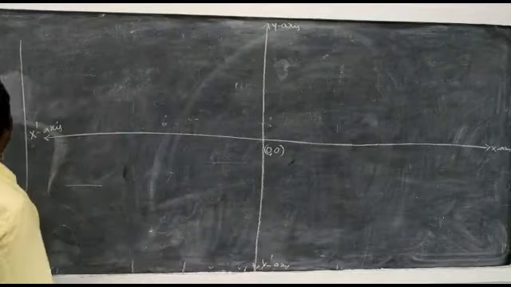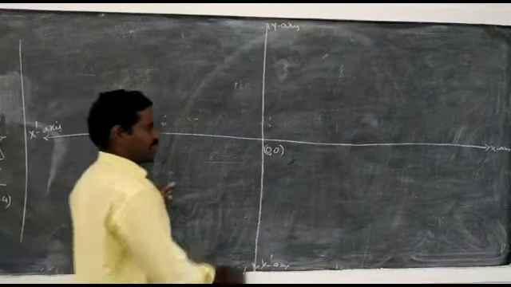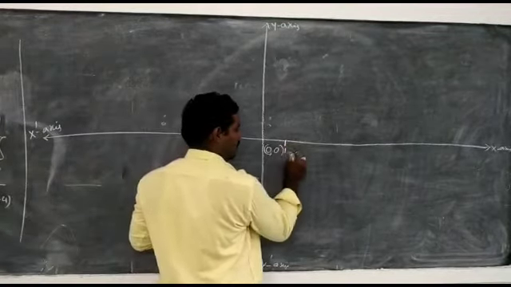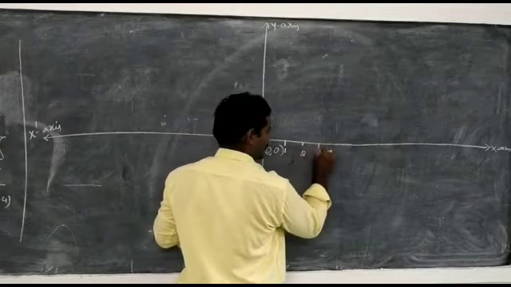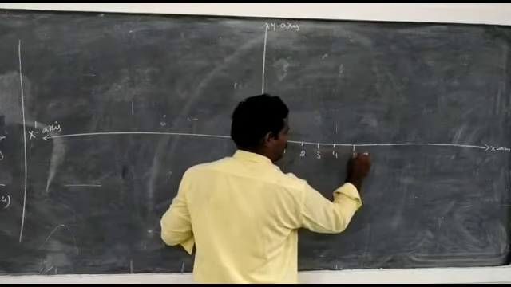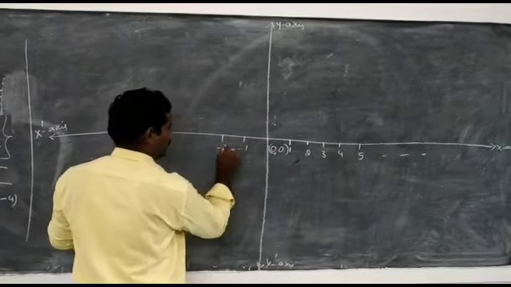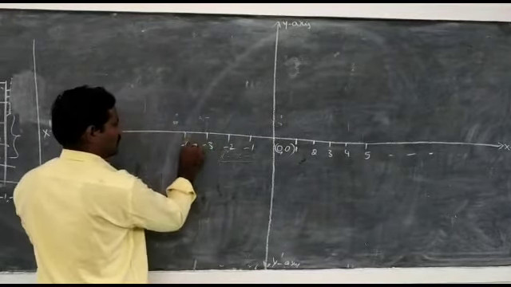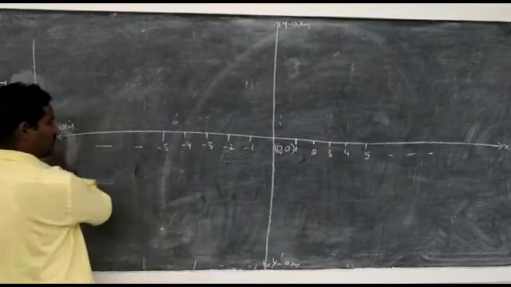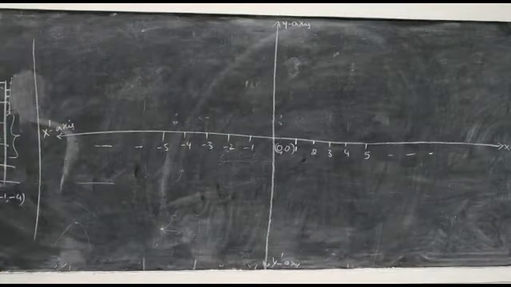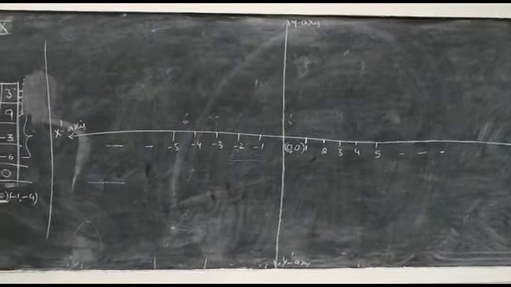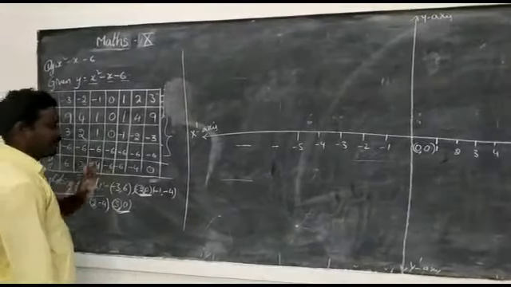Now I am taking the x values -3 to +3. That means we have to take 1 unit: 1, 2, 3, 4, 5, same as -1, -2, -3, -4, -5, like that. And on the y axis I want positive up to 6 and negative up to -6.